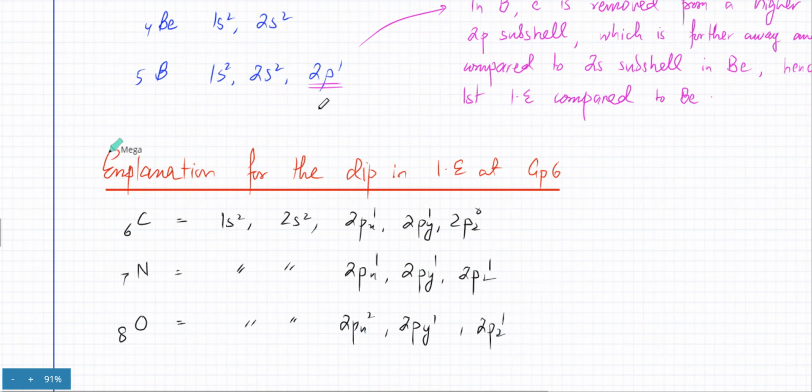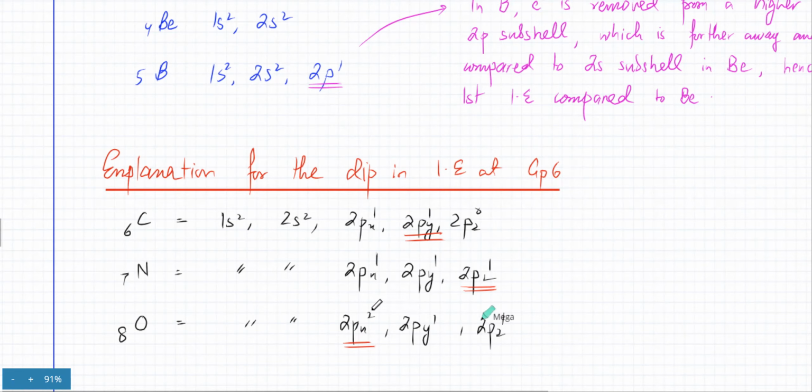Now, the issue with carbon and nitrogen is that when you're trying to remove an electron, you're removing it from a 2p orbital which only has one electron. But when you're trying to remove electrons from oxygen, the electron is being removed from a 2p orbital which is completely full. So why does it become easy?